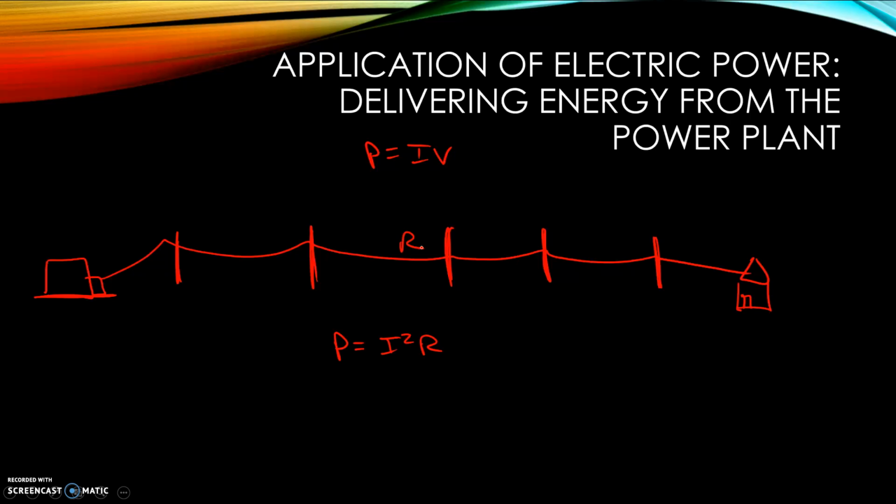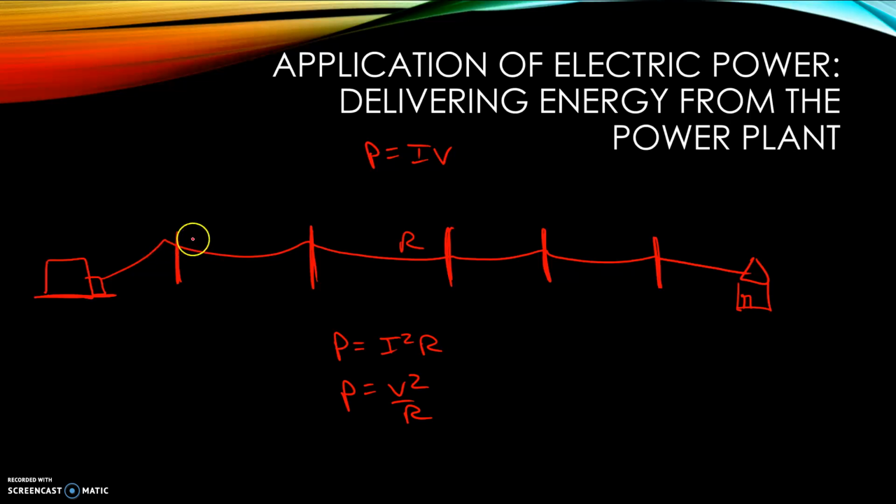And so what they do is they transmit this with a very, very low current. The reason why is because the voltage across this whole thing is going to be very high, but there's not going to be a big change in voltage going from here to here. So the two equations we have for a resistor, one is V squared over R. This change in voltage as you go from here to here is actually quite small.